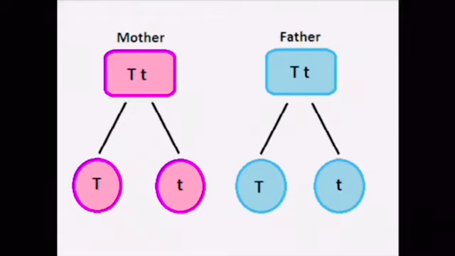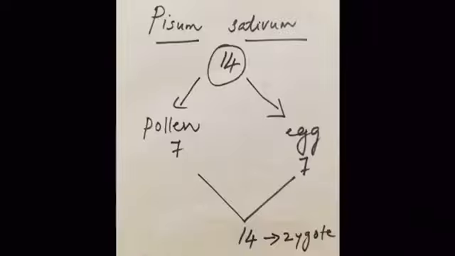Now we understand. For example, Pisum sativum, I said the number of chromosomes in Pisum sativum is 14. That is the diploid condition, that is the full set. But in the pollen of Pisum sativum, 7 will be there, and in the egg, 7 will be there, so that after fertilization, it will become a full set of 14.